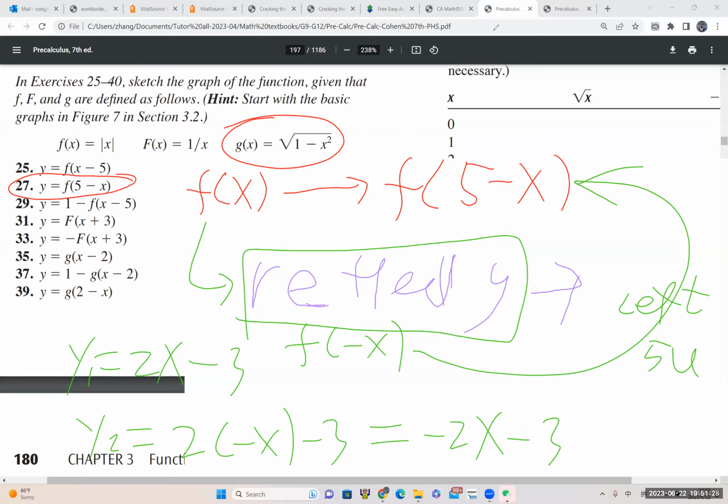But remember, just now Leo showed move right. Remember when we did the absolute value function, you meant move right 5 units. Ray mentioned move left.